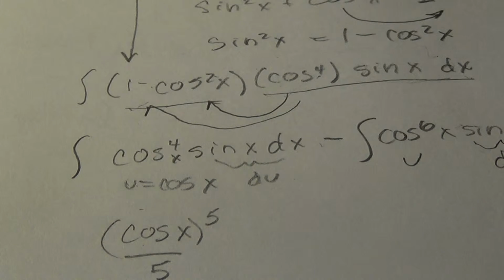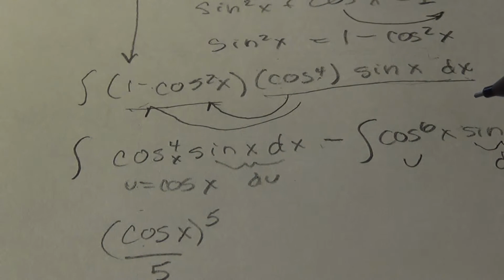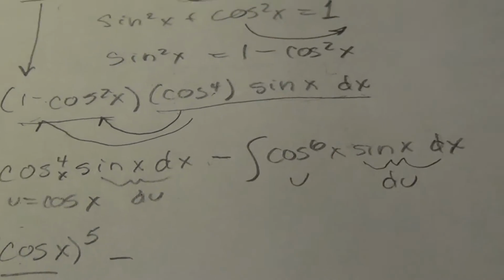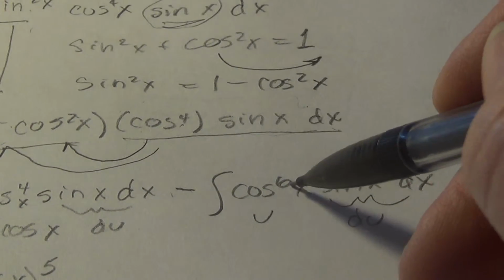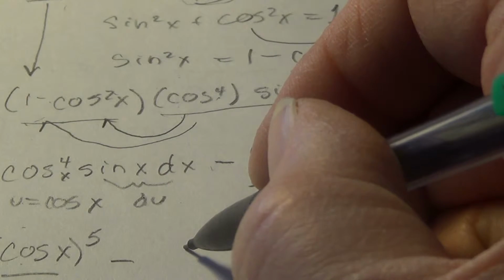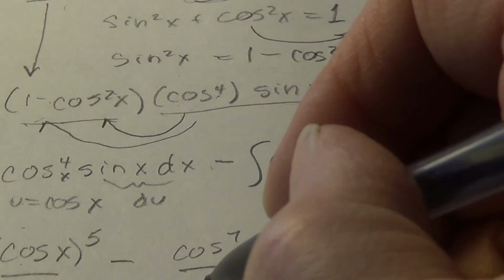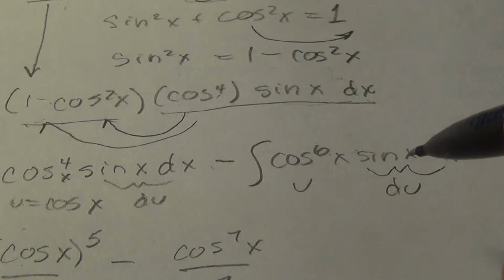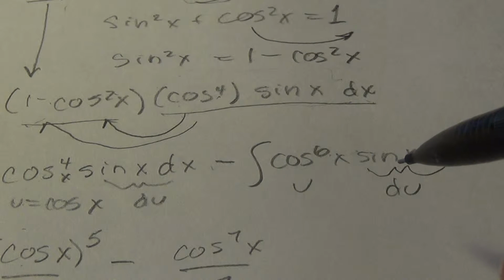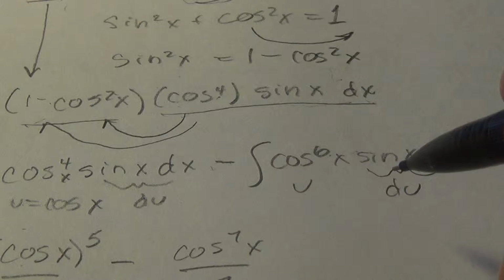And then I go to the next one where we have it raised to the 6th. So that's going to be cosine to the 7th over 7. And after I take the integrals, that's what I get.